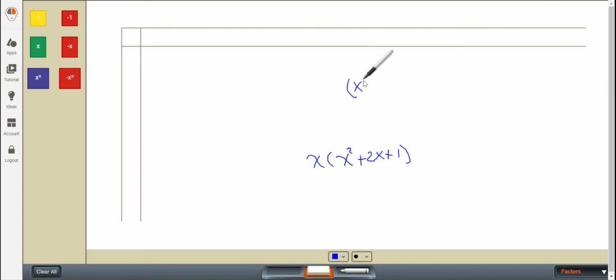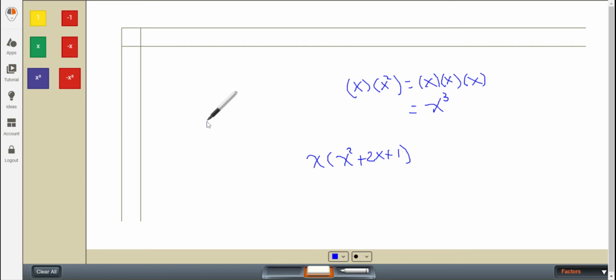If I multiply x by x squared, that means that I'll be multiplying x by itself 3 times, which would give me something like this, because x squared is x multiplied by itself. So this is equivalent to x multiplied by itself 3 times, or x cubed. And my tiles only go to x squared. Basically, I would need a 3D shape. I would need a cube to be able to do this.